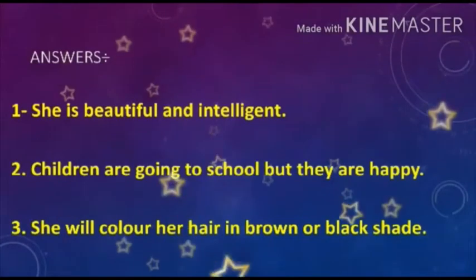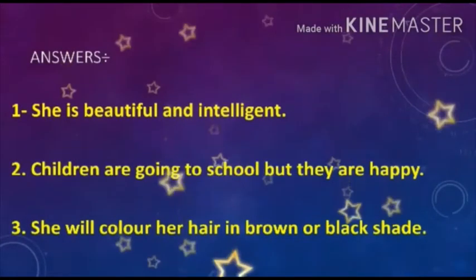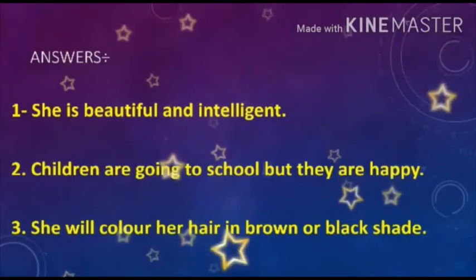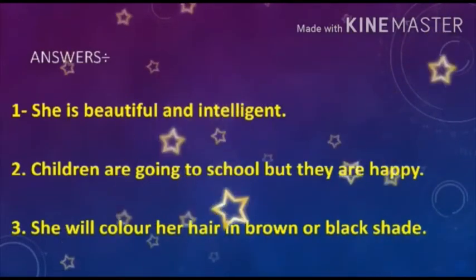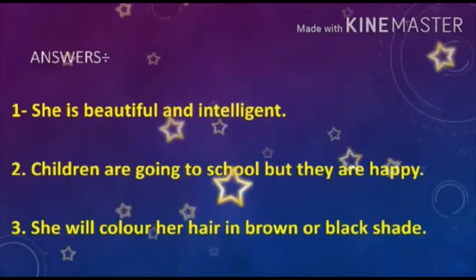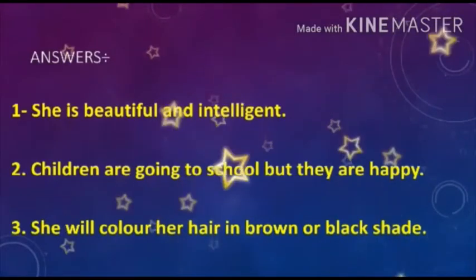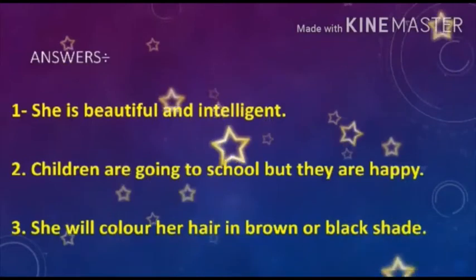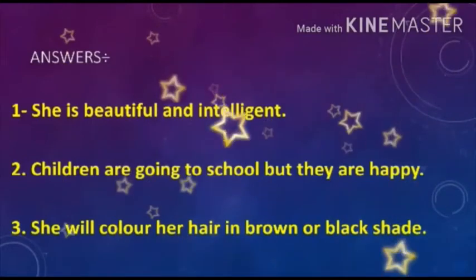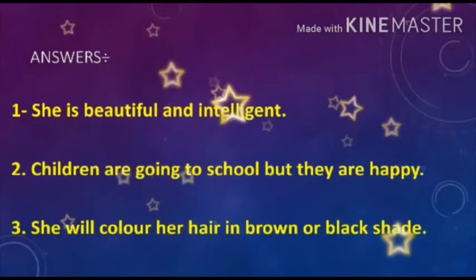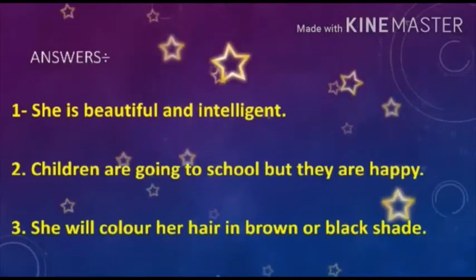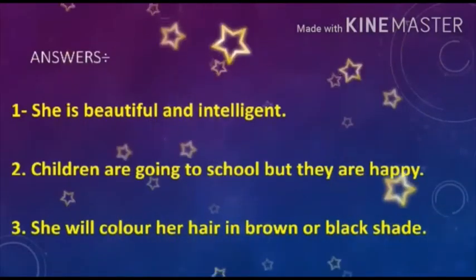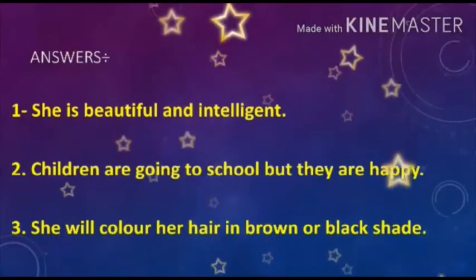Let's see the answers. First sentence, she is beautiful and intelligent. Here we have used the conjunction and because beautiful and intelligent both are positive qualities. So and is the correct conjunction. Now let's see the second answer. Children are going to school but they are happy.